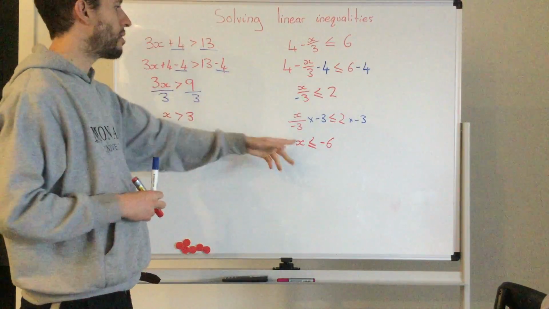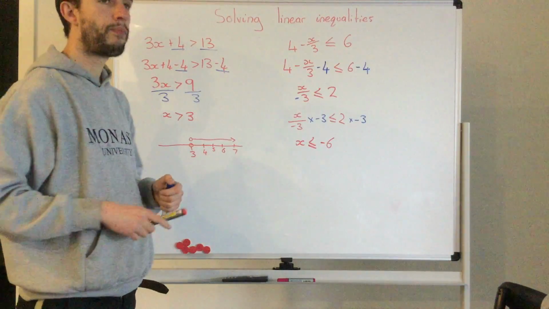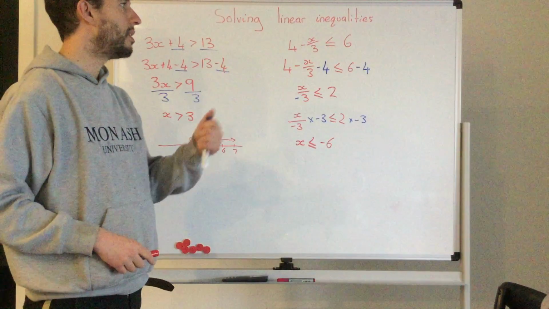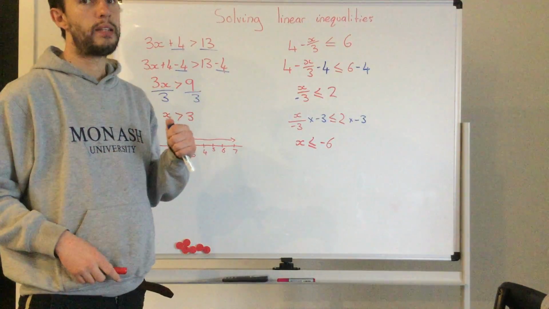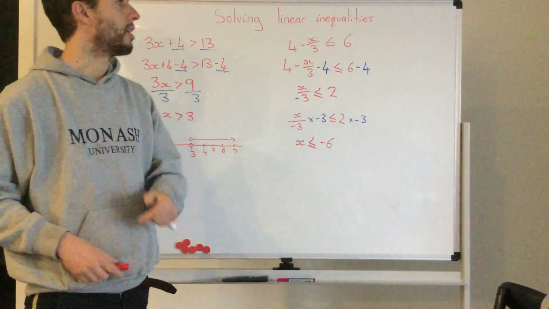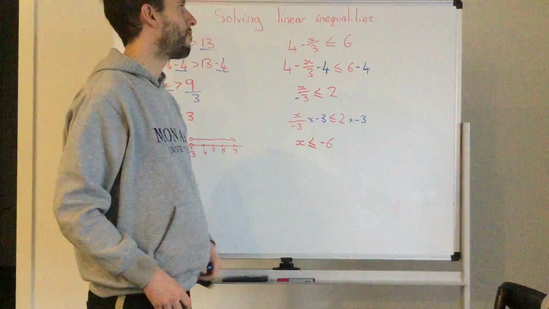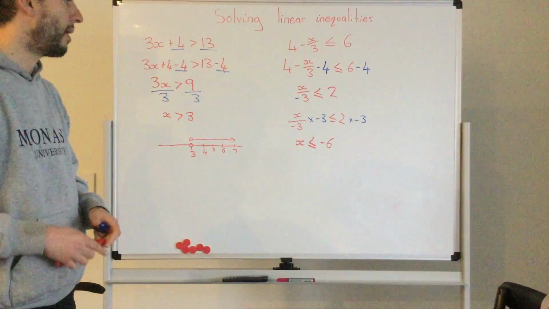We can double check that to see if x is equal to or less than negative 6 by looking up here. If this is negative 6, what's negative 6 divided by 3? Negative 2. Negative and negative is positive, 4 plus 2 is 6. So it can be equal to or less than.